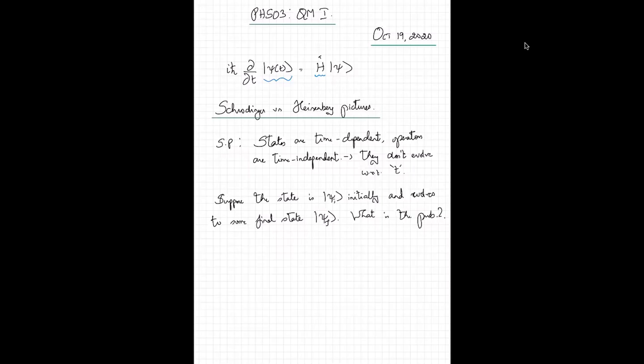Okay, or in particular, what is the amplitude? What is the amplitude for psi i to evolve to psi f? Well, the amplitude for this to happen, as you clearly know, is the overlap of psi i and psi f. So the amplitude for this is basically <psi f|psi i>, and the probability for this to happen is the absolute square of the amplitude. So this is something that you already know.